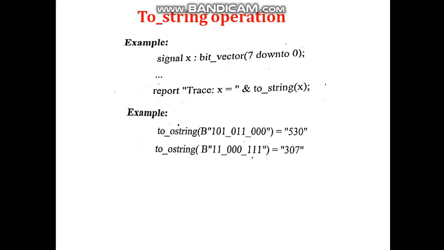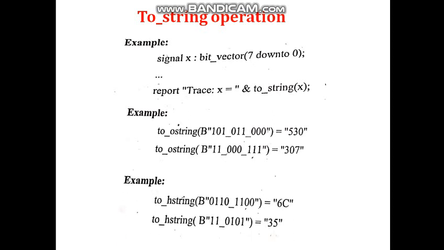To take an example of that also, we have to_hstring(B"01101100") which gets a resultant output of 6C, and to_hstring(B"110101") is 35.